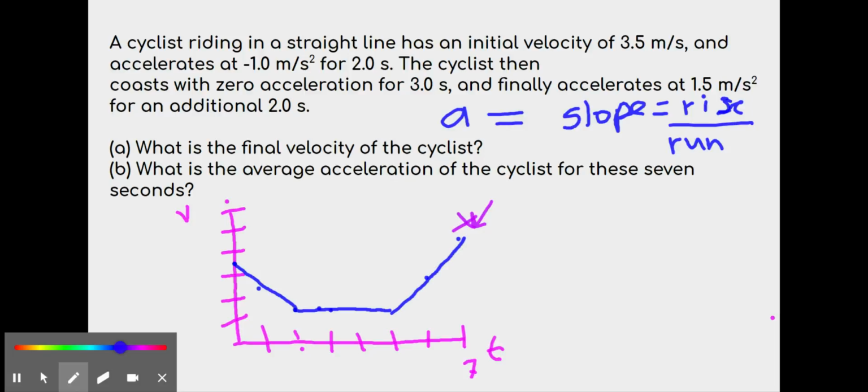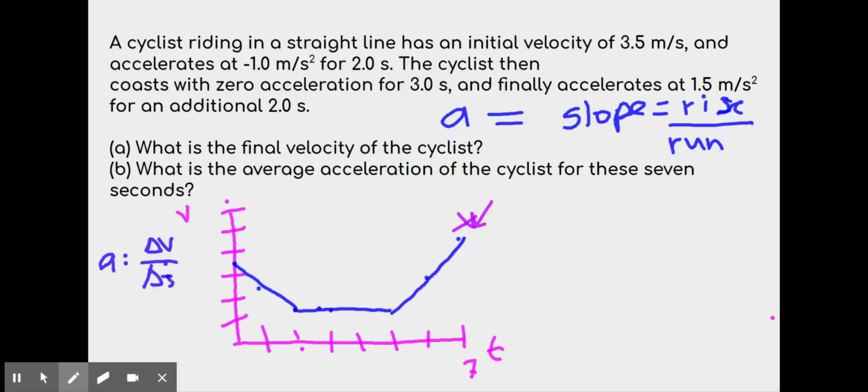For the first section, the cyclist is accelerating at negative 1 meters per second squared for 2 seconds. If you will recall, acceleration is velocity over time.